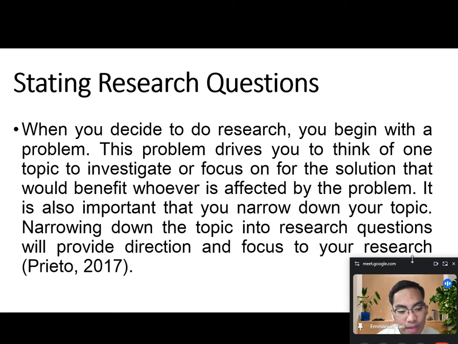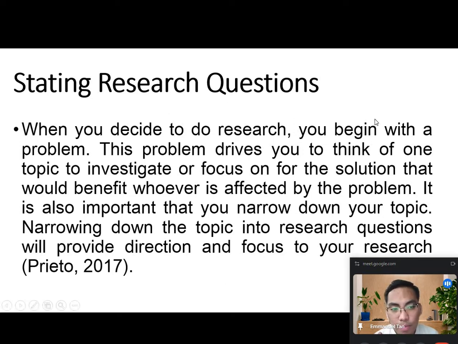You need to specify the general topic into a specific one. Then after narrowing down the topic into research questions, you will be able to provide the focus of your research. What should be done in your research?